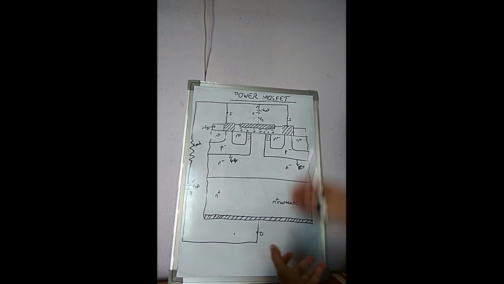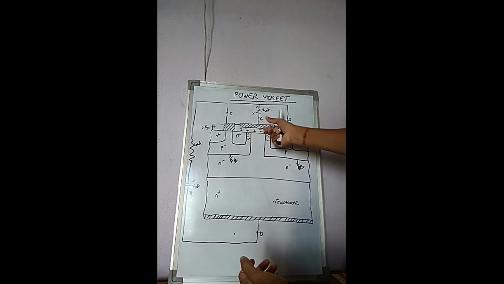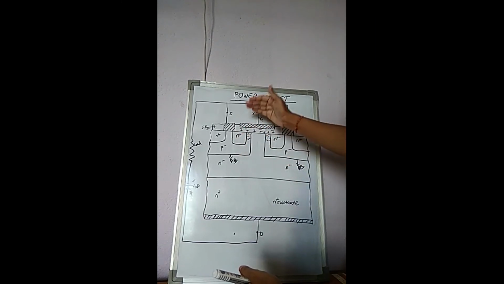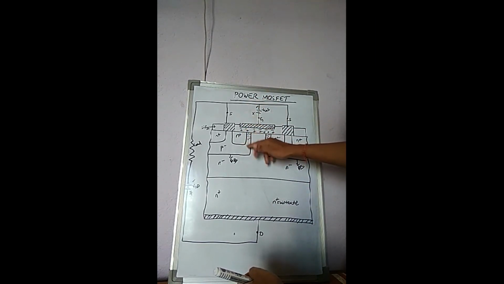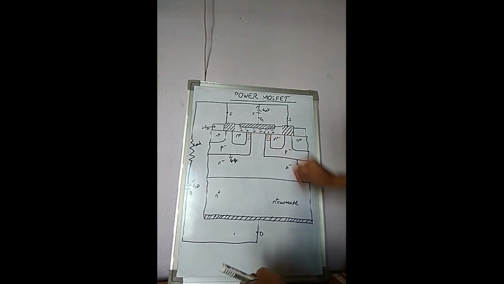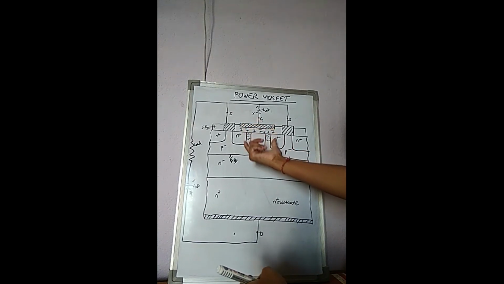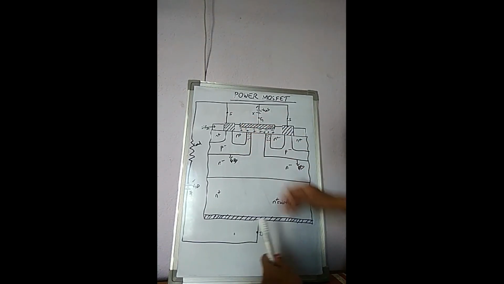So under this SiO2 layer, where the field is developed, under the P minus region, there is formation of an N channel.